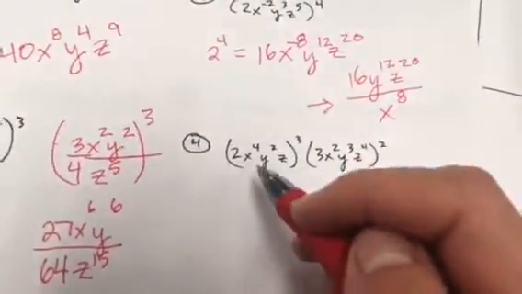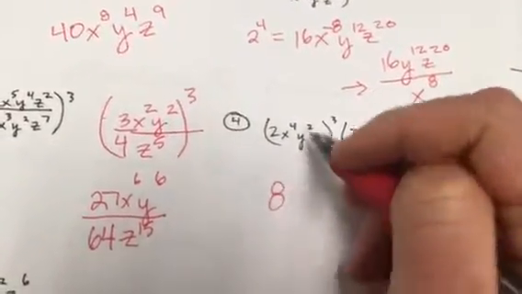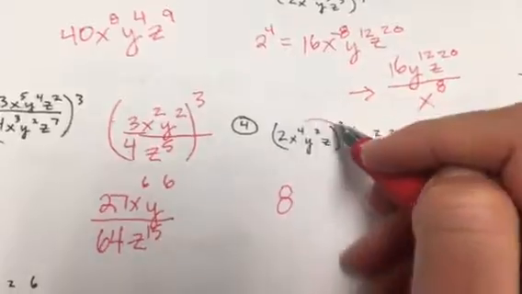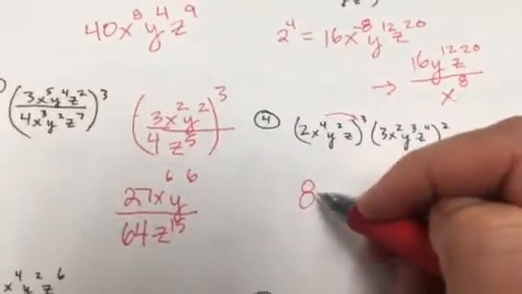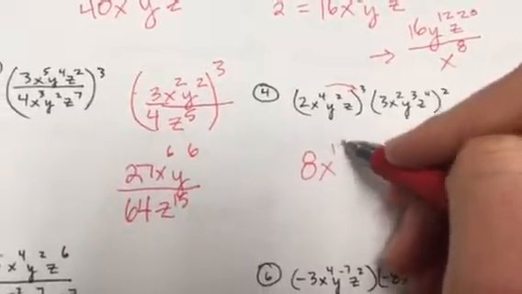All right, take a look here. You're going to do 2 cubed. 2 times 2 times 2 is 8, not 6. When you have a power to a power, that's when you multiply the powers, because you have really 3 x to the 4ths. 4 plus 4 plus 4 is the same thing as 4 times 3, 12.